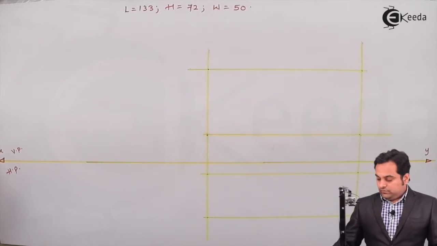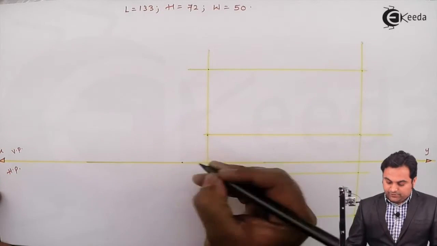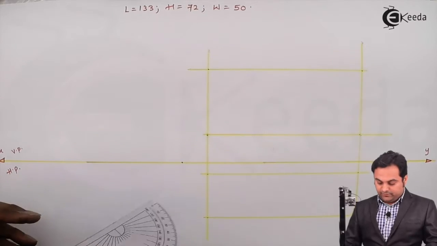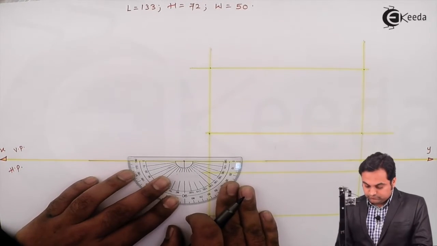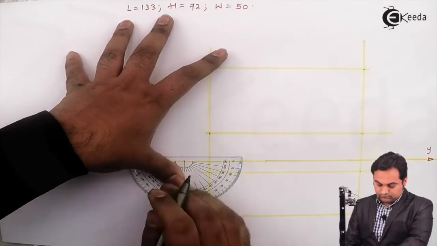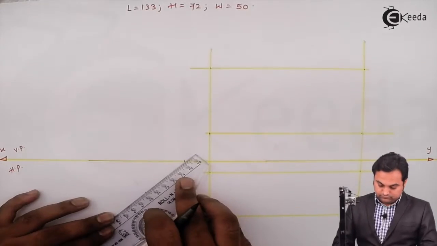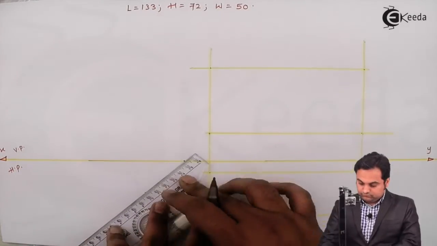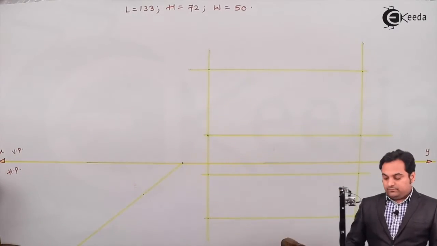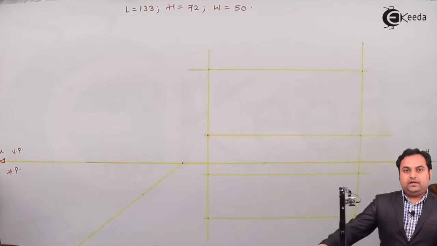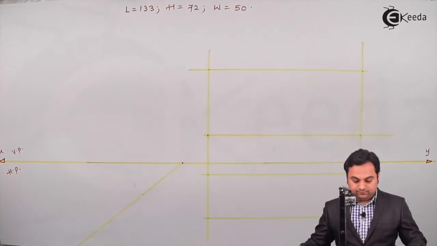For the side view, I am selecting a point here, measuring an angle of 45 degree. Then from the side view, the height and width are visible. Height, I'll take it from the front view.